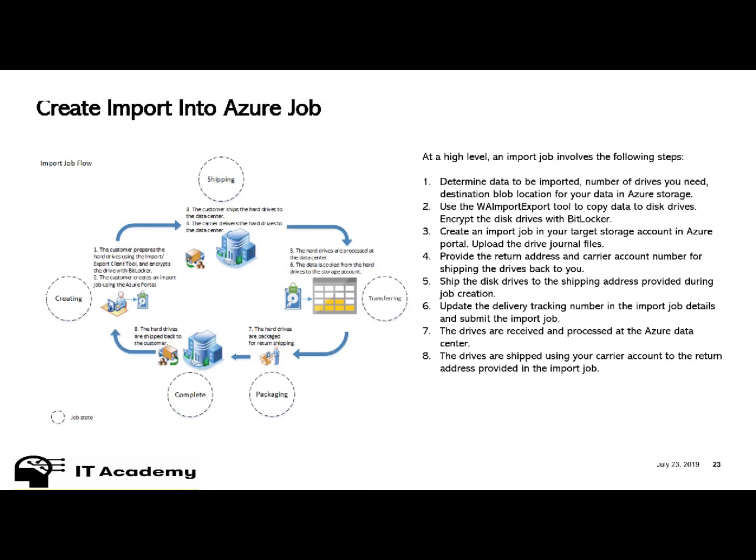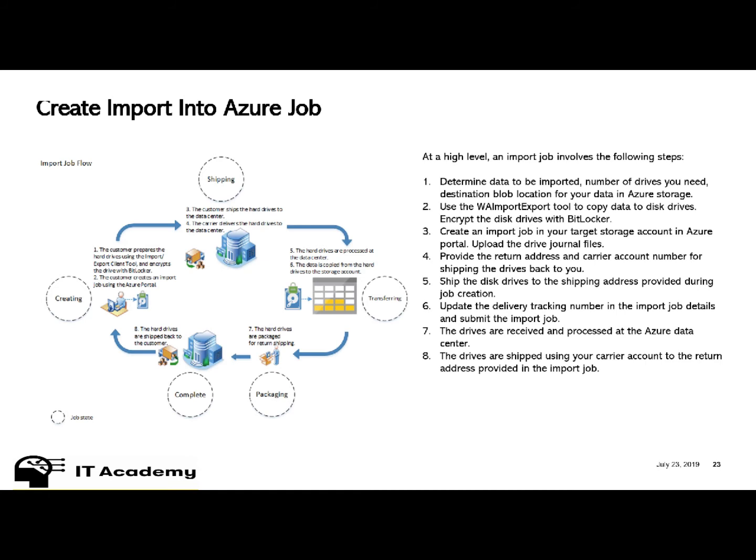The opposite of an export job is a data import job. It follows a similar process. However, there are some subtle differences between an export job and an import job that you should be aware of for the exam. Again, with an import job, we are providing the media. We're providing the SATA 3 hard drives that data will be copied to. During the creating job stage of the import job, we as an Azure administrator go into the Azure portal.